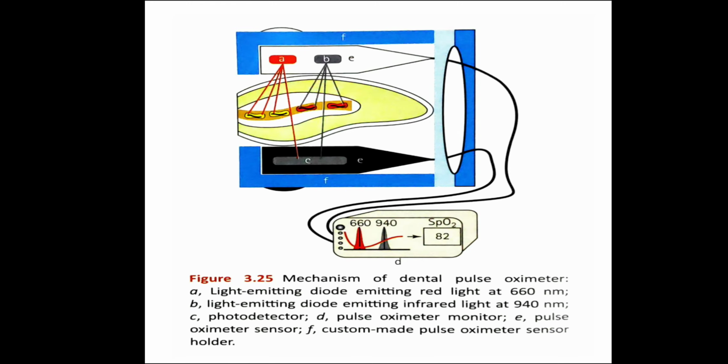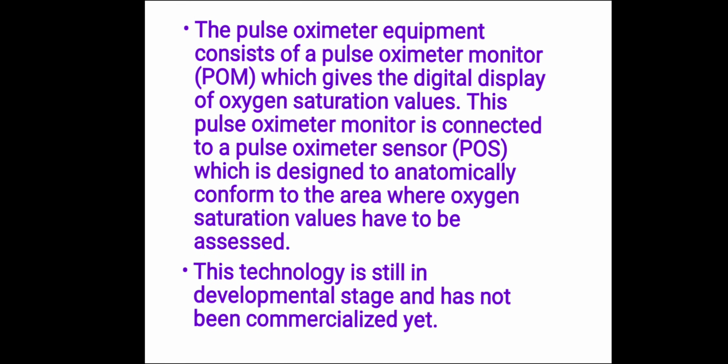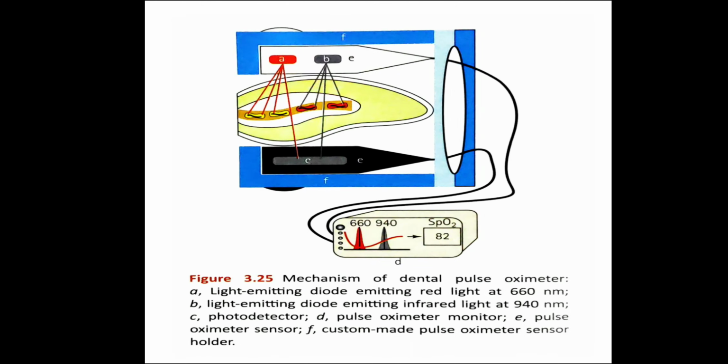So the pulse oximeter monitor is connected to the pulse oximeter sensor. The pulse oximeter equipment consists of a pulse oximeter monitor which gives the digital display of oxygen saturation values, as you can see here.